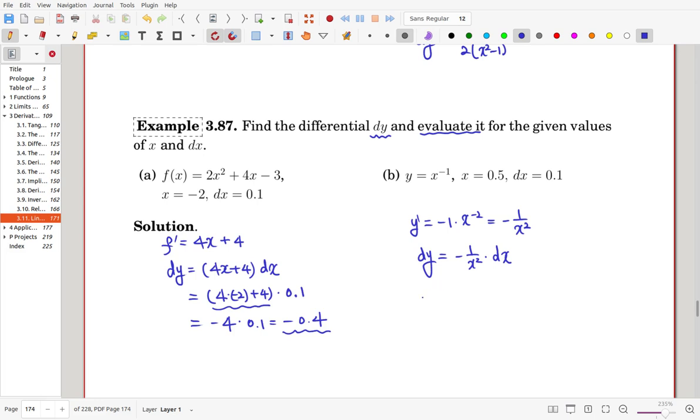So by using the data, x is 0.5 and dx is 0.1, we get -1 over 0.5 squared times 0.1. Now that is half squared, so 1/4, whose reciprocal is 4, so -4 times 0.1, so the answer must be -0.4.